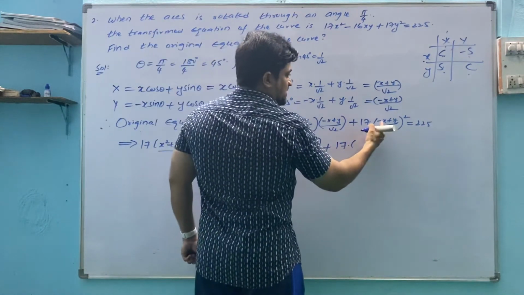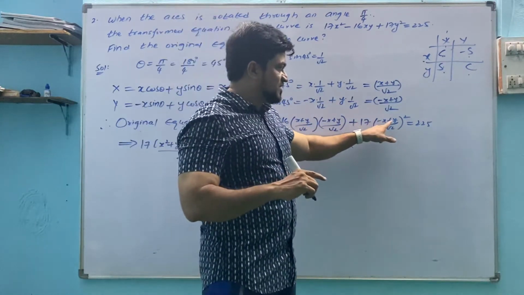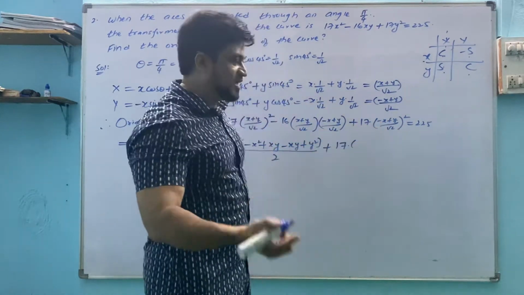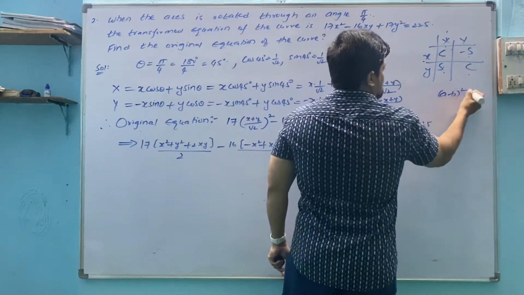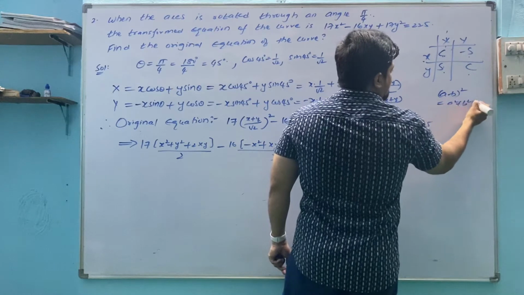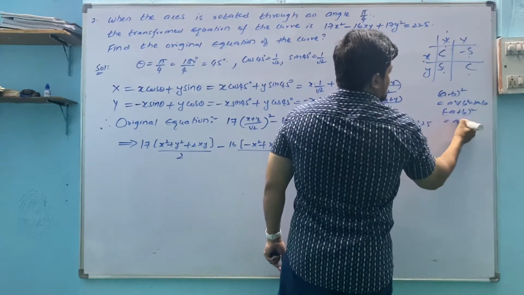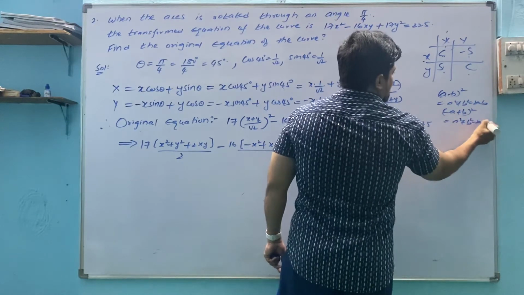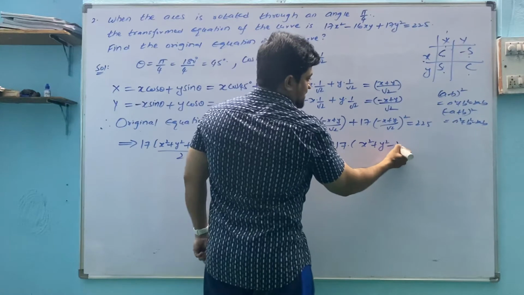17 into, if minus is there for one term, either it is given for the middle or else for the first term, you can take a minus b whole square formula. A minus b whole square is a square plus b square minus 2ab. Minus a plus b whole square is also a square plus b square minus 2ab. So here a square plus b square minus 2ab.